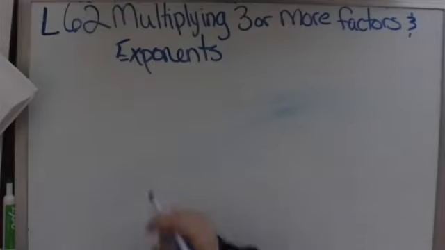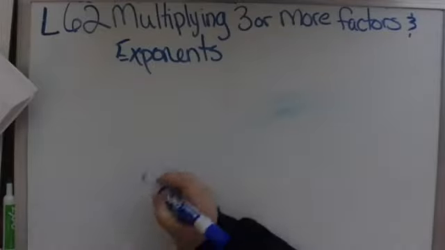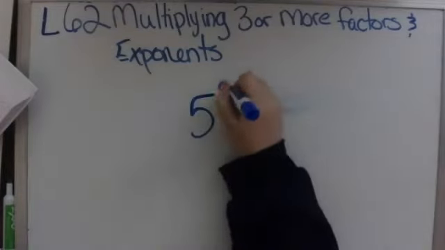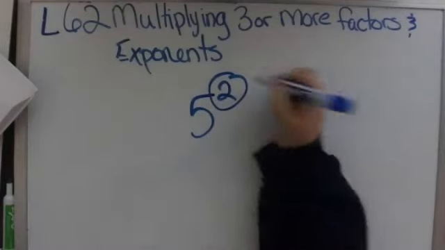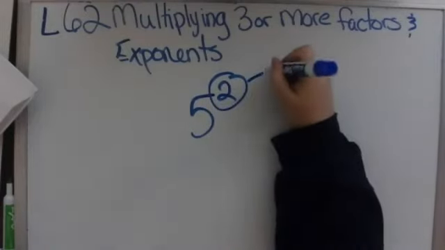When we have exponents, we have, let's say, something like 5 squared. 5 squared tells us something.